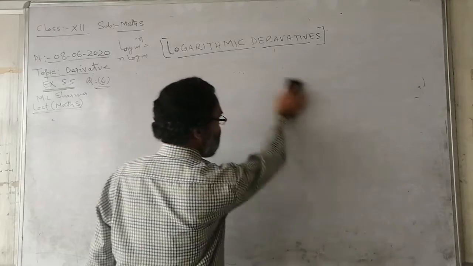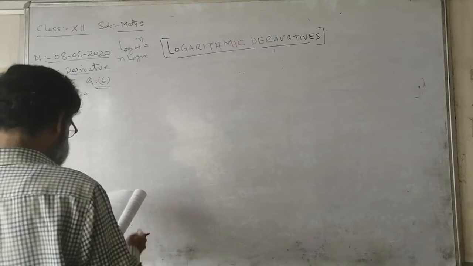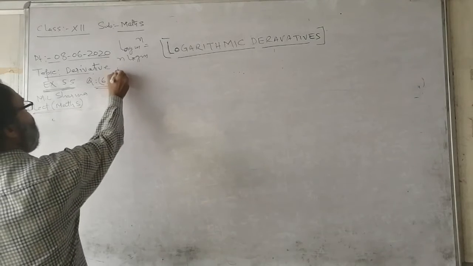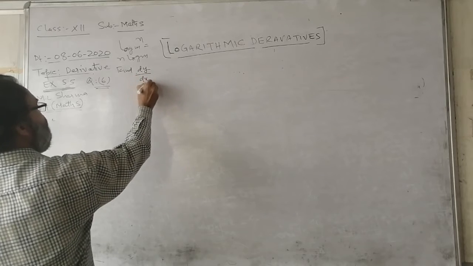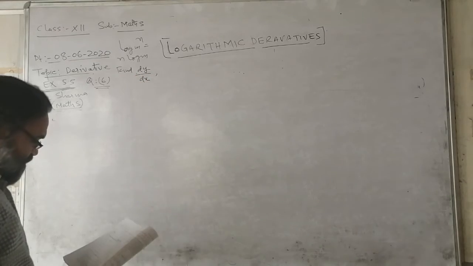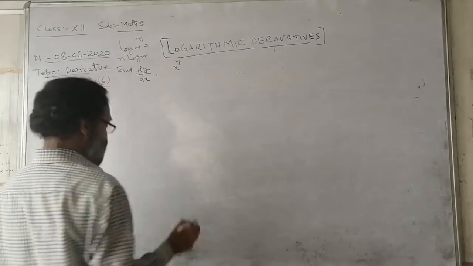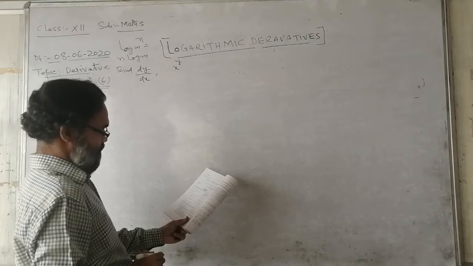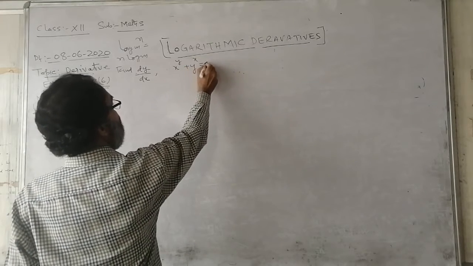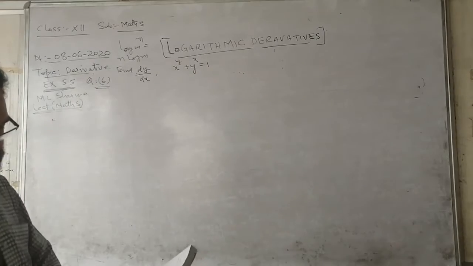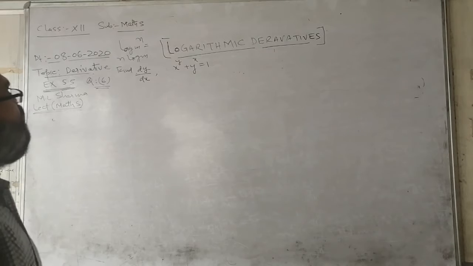Let me take another question from the same exercise. We have to find dy upon dx, and the function is x raised to power y plus y raised to power x equal to 1. So its derivative is to be found out.